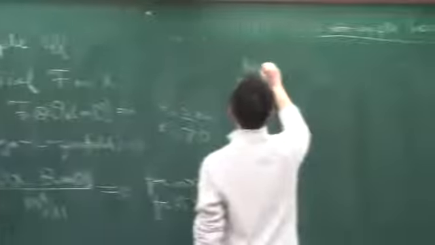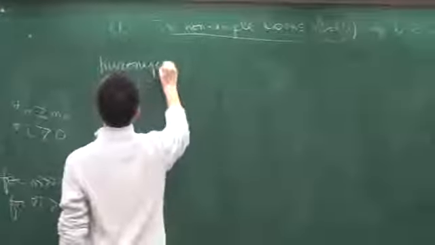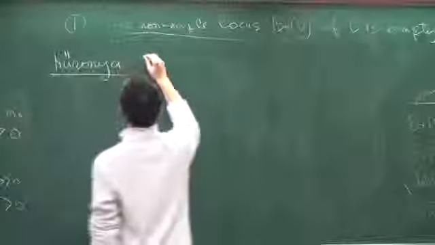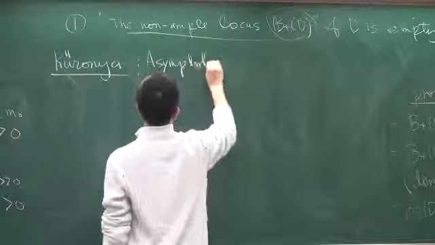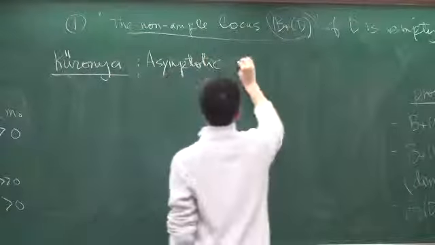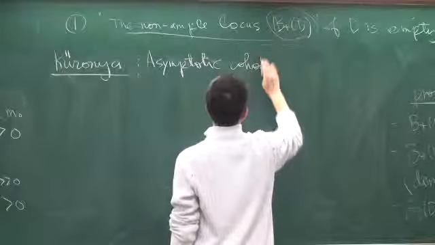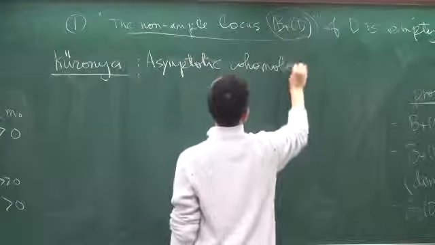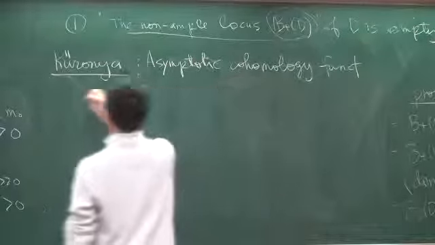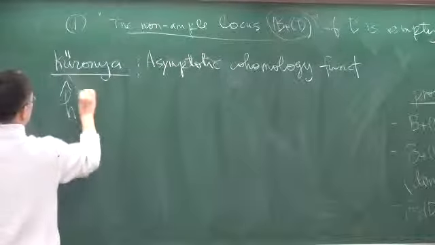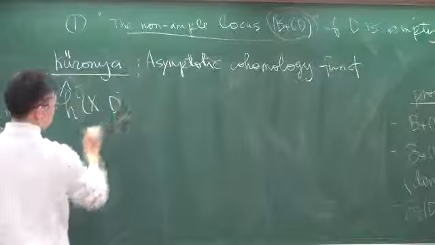Alex Küronya defined the following function. It's called the asymptotic cohomology function, h hat^i(X, D).